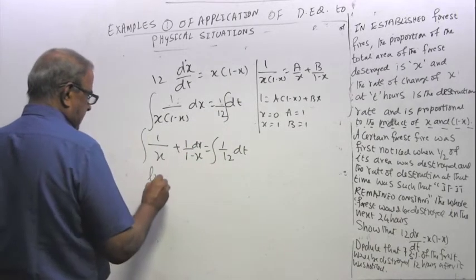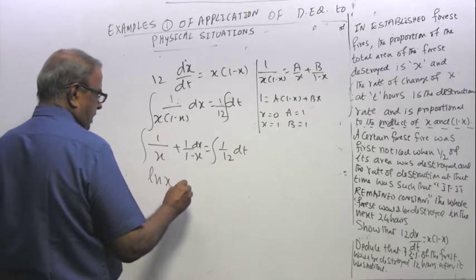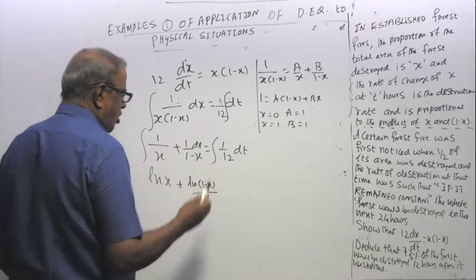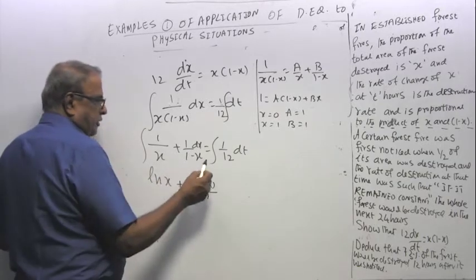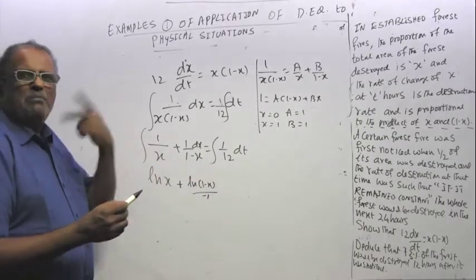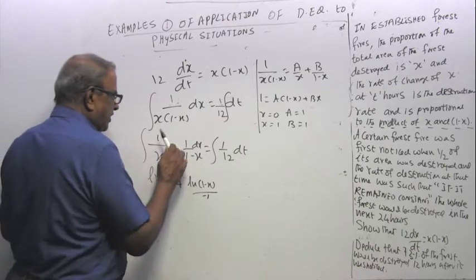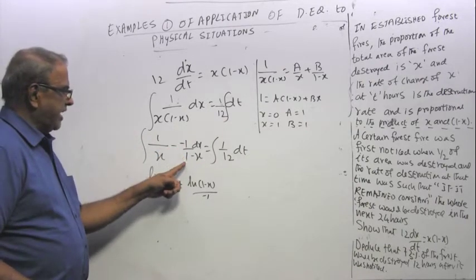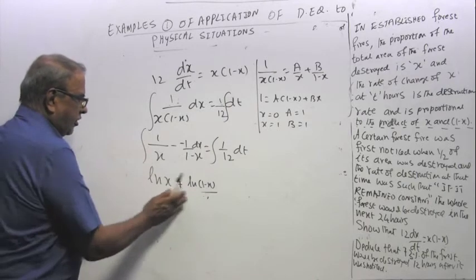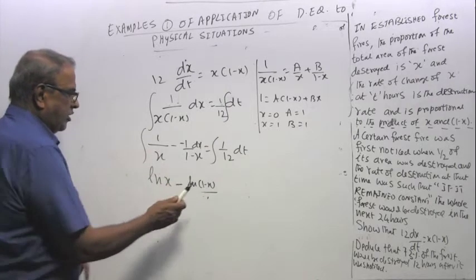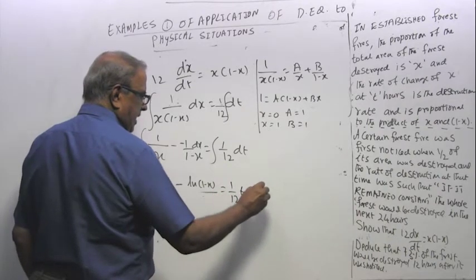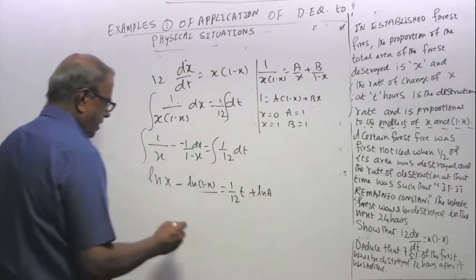Integrate: ln x plus ln 1 minus x over minus 1. When you differentiate 1 minus x, I get minus 1. So I'll put this as a minus and put a minus there. The numerator is the exact derivative of the denominator. So it is ln denominator equal to 1 over 12 t plus ln a.